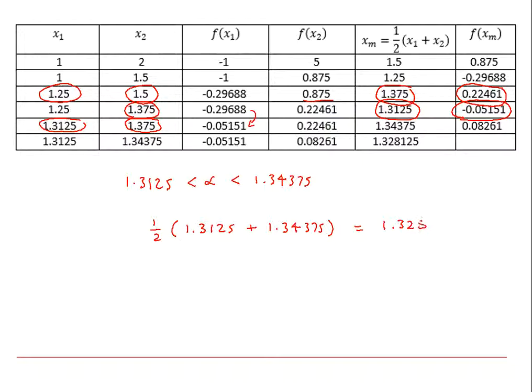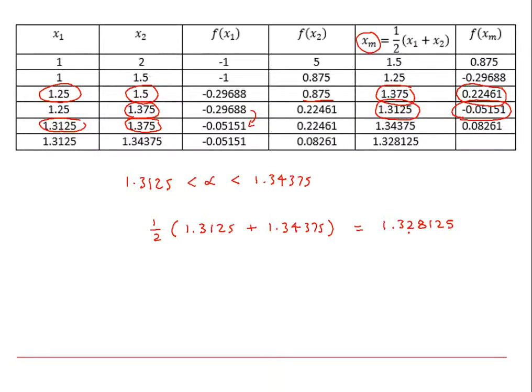You see, one of the drawbacks of the bisection method is that we've got lots of decimal places. Every time we take a midpoint, the values of x that we're creating in that column, the number of decimal places is getting larger and larger each time, so that's one slight drawback.